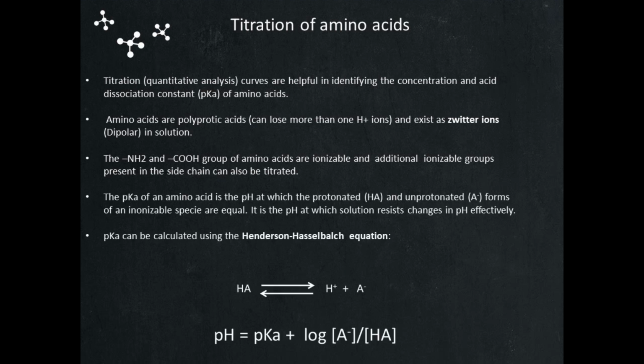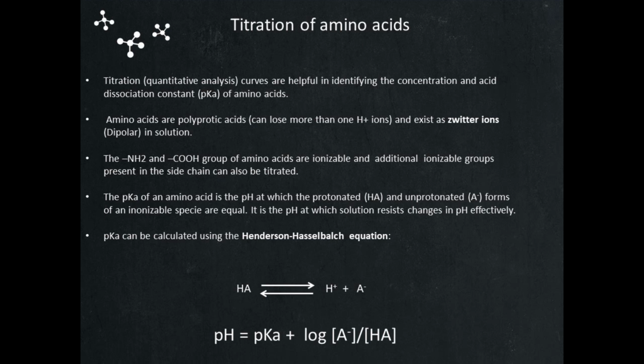The pK of an amino acid is the pH at which the protonated form, which is represented as HA, and the unprotonated form, that is A minus, of an ionizable species are equal, or it is the pH at which the solution resists change in pH effectively, which means even upon addition of more acid or base to the solution, the pH will not change when the pK has been achieved.